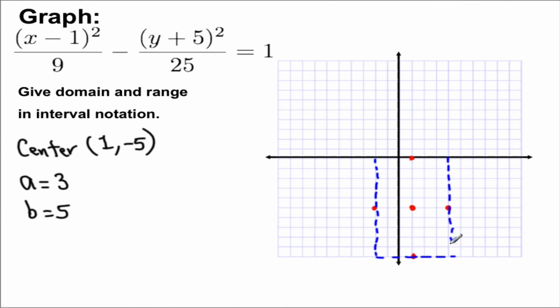This is our fundamental rectangle for graphing a hyperbola. After this, we're going to draw the hyperbola. The diagonals are going to be extended in both directions. So these are the diagonals of the rectangle that we're going to extend.